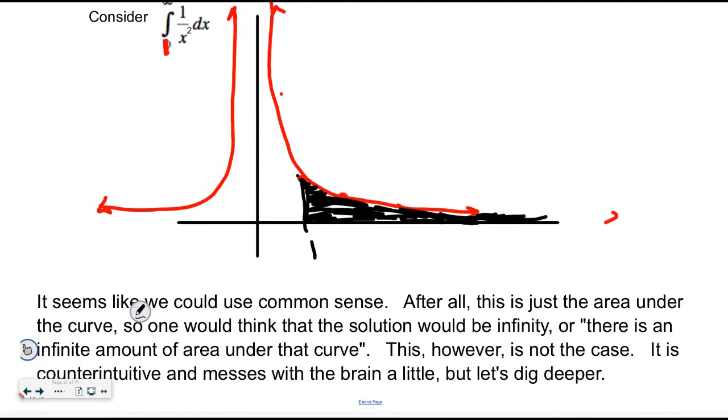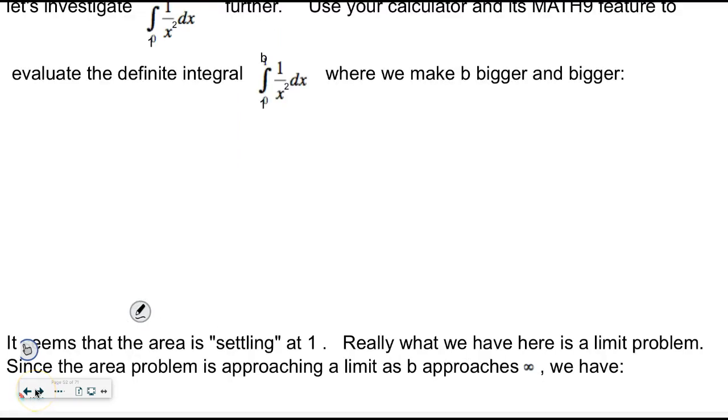But doesn't your gut wonder say, well, I'm going forever collecting area, it's infinity. Right? Seems like that should be easy, right? There's an infinite amount of area under that curve. But that's not the case. So that's what's weird. Calc 2 is weird. All right? So let's go take a look at what happens.